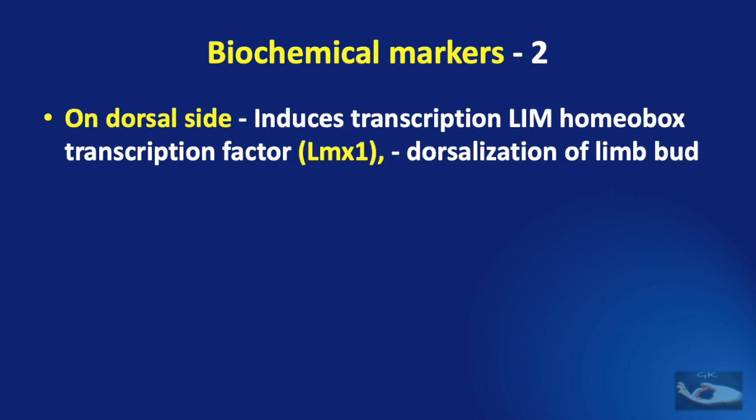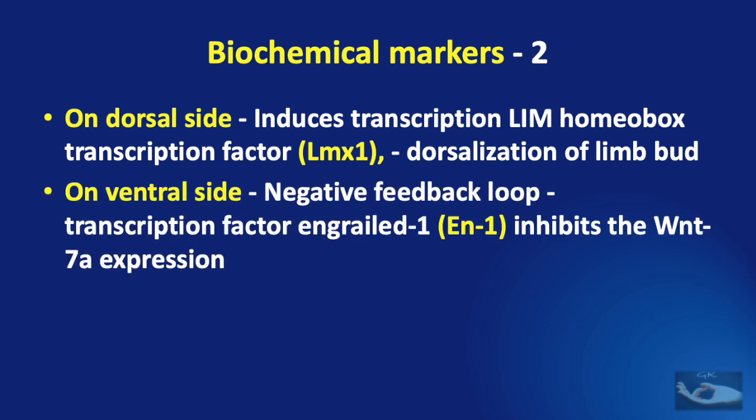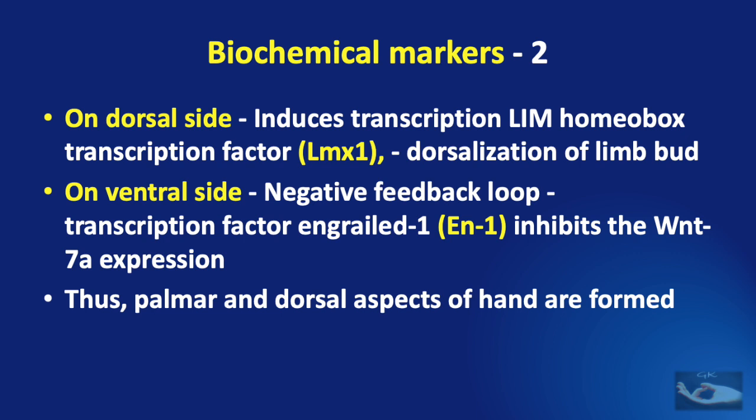We have already seen how on the dorsal side, that is on the extensor side, this induces the transcription LIM homeobox transcription factor LMX1, which leads to dorsalization of the limb bud, and on the ventral side there is a negative feedback loop brought about by the transcription factor engrailed 1, EN1, which inhibits the WNT7A expression. These biomechanical processes ensure that the palmar and the dorsal aspects of the hand are formed normally.